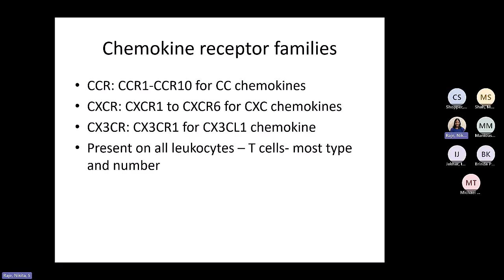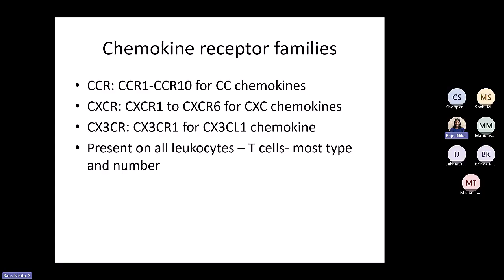So CCRs, CXCRs, CX3CRs bind to particular families of chemokines. These are again numbers, CCR1 to 10 for the beta chemokine receptors, and CXCR1 to 6 for the alpha chemokine receptors, and then CX3CR1 is for the CX3CL1 chemokine.